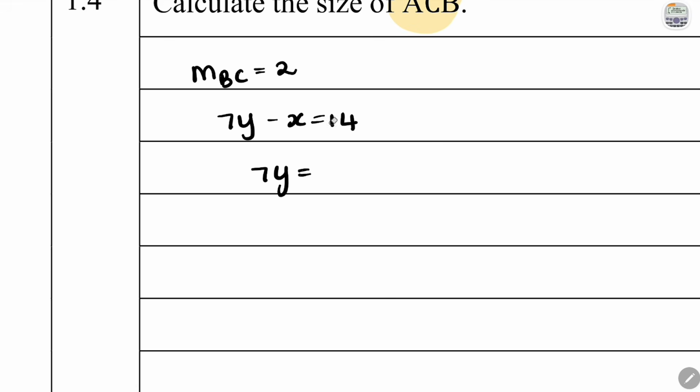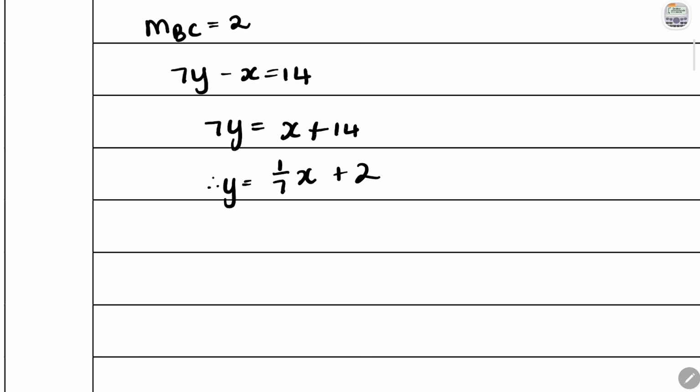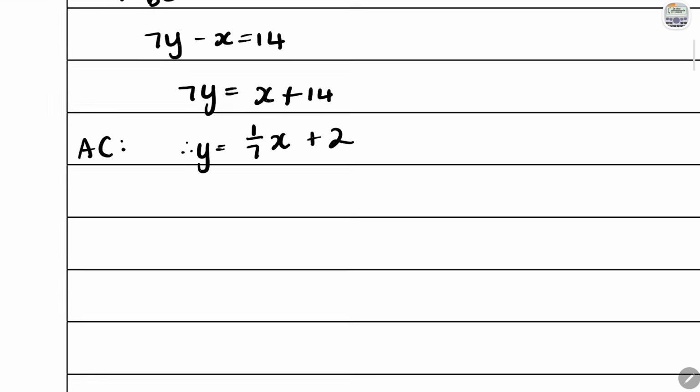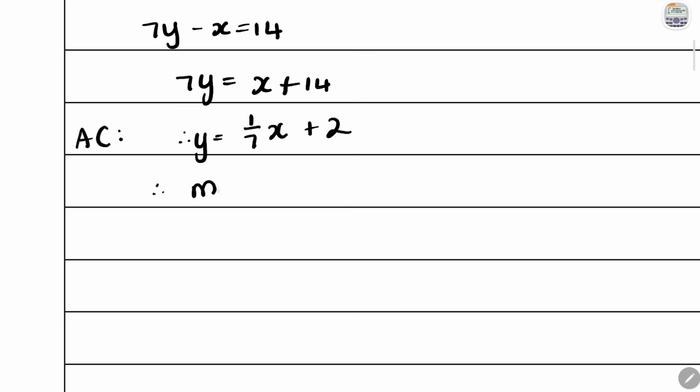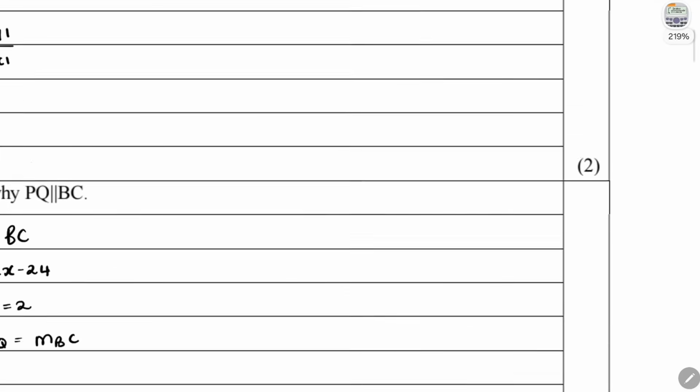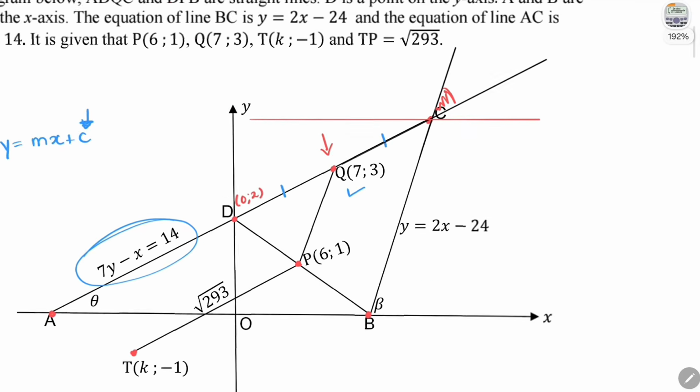Transpose the negative x, it becomes positive, and we have plus 14 still. If we divide both hand sides by 7, we'll have 1 over 7 x, and 14 divided by 7 is 2. So this is the equation of AC, and that's what it looks like. Since we know that the gradient of AC is 1 over 7, now we just need to remember what that equation should look like.